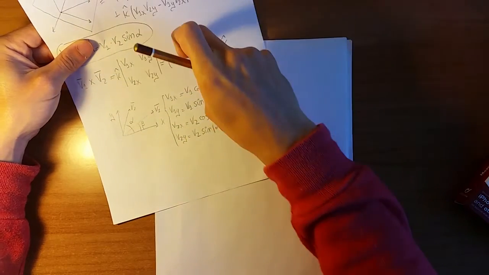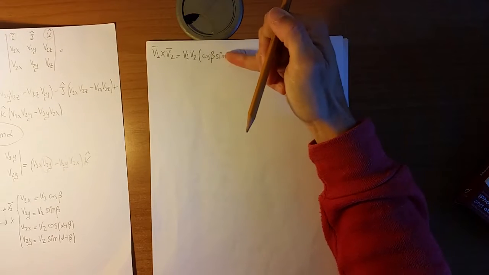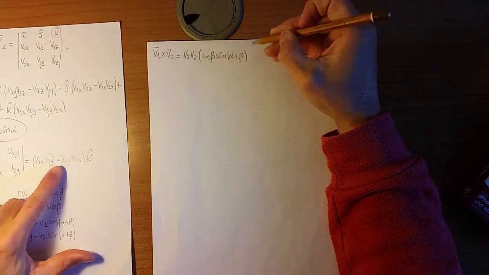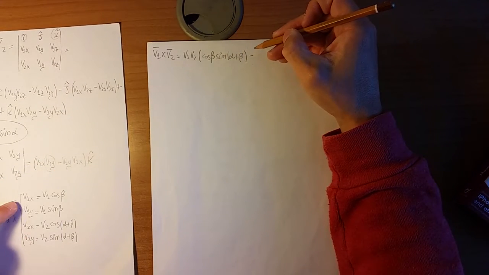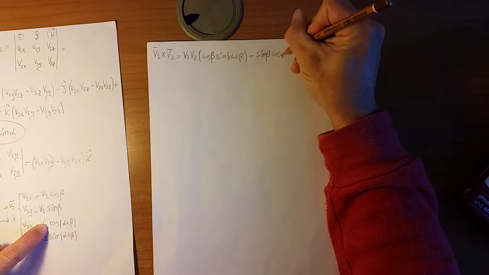So we insert this in there, and then we get this term. Then we have minus, very similarly, sine beta cosine of alpha plus beta.